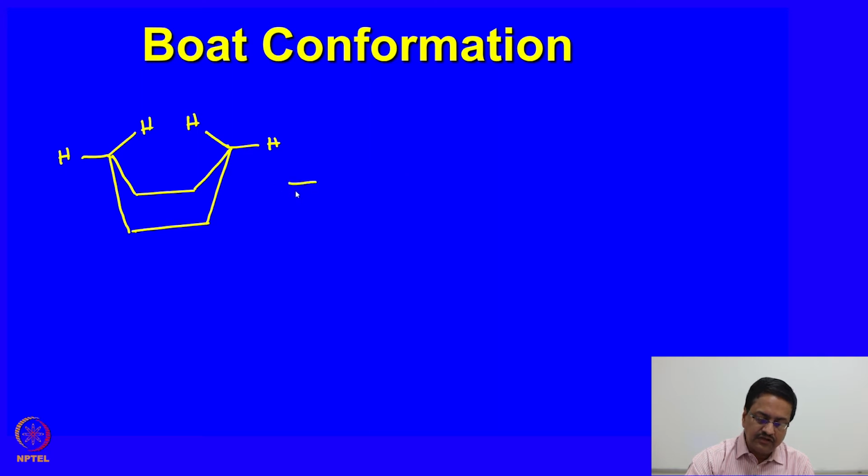if you see the molecule in the Newman projection, it looks like there are two eclipsed butane groups present, one next to the other.